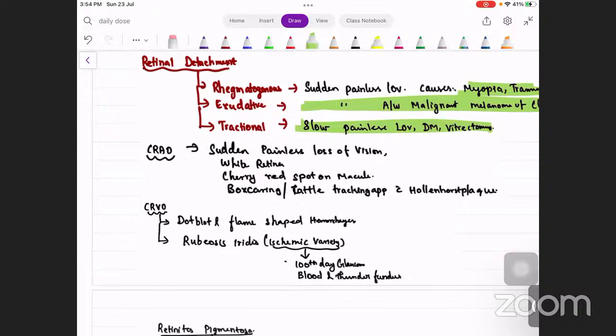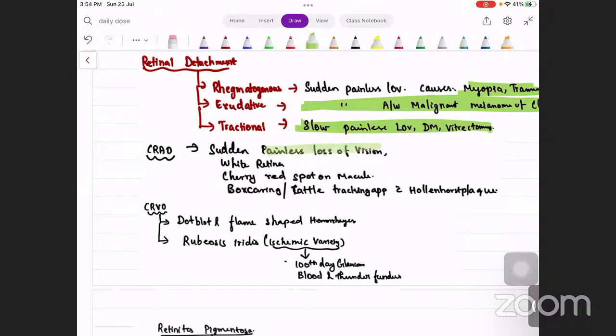So speaking about retinal disorders, retinal detachment we have seen. Now next is CRAO, central retinal artery occlusion. What are the things you need to remember in terms of CRAO?